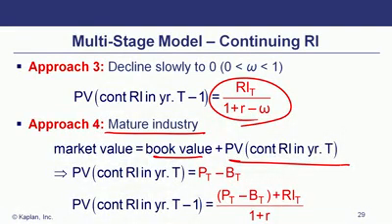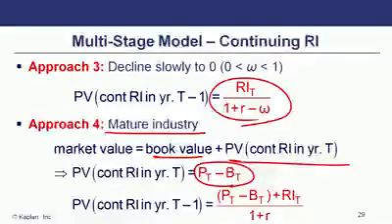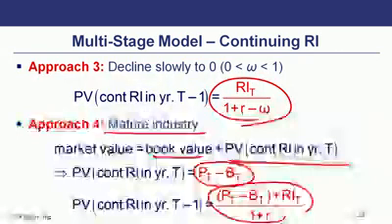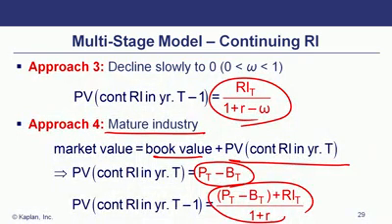So how do we do this? We have the price at the terminal value minus the book value at terminal. So you'll notice I have the price of the stock minus the book value of the stock at terminal, plus the residual income at terminal, and discounting that value back.